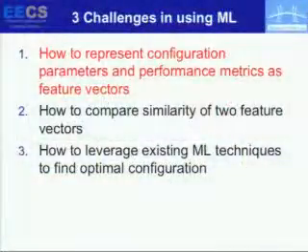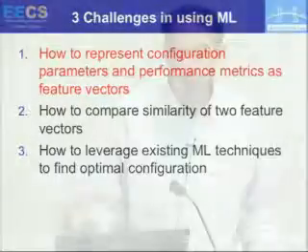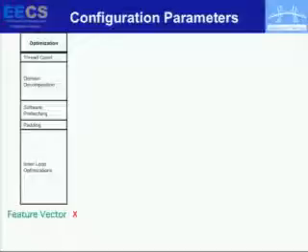So there's a couple of challenges that we'll deal with as we use the machine learning methodology, and I'll go through them quickly. The first is how to represent configuration parameters and performance metrics as feature vectors. So right here, this is the set of optimizations that we actually used in our auto-tuning methodology that I was showing previously.